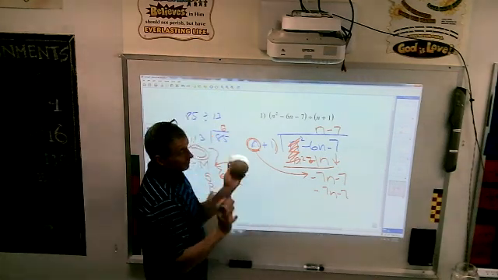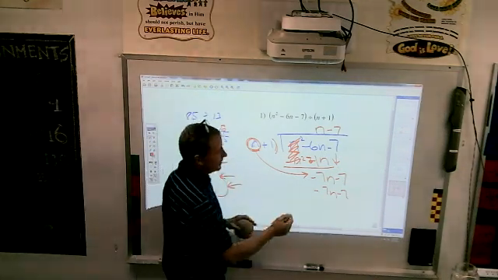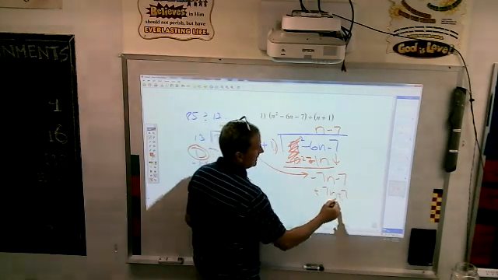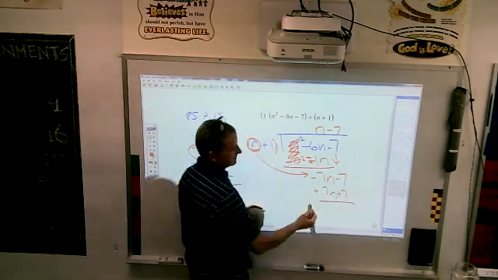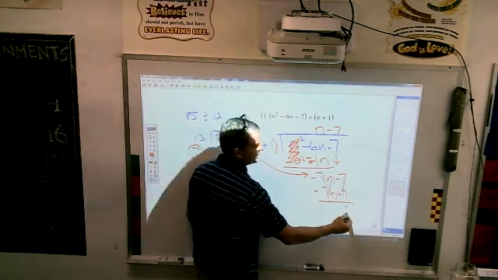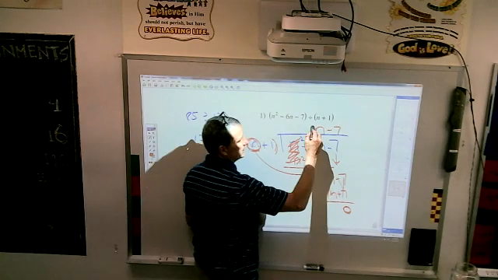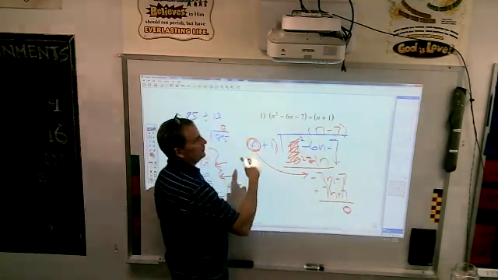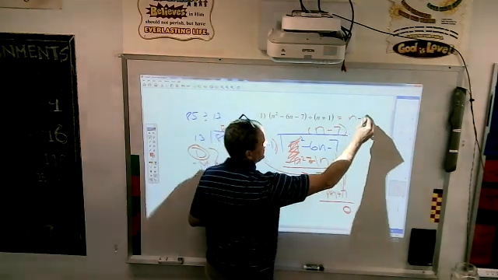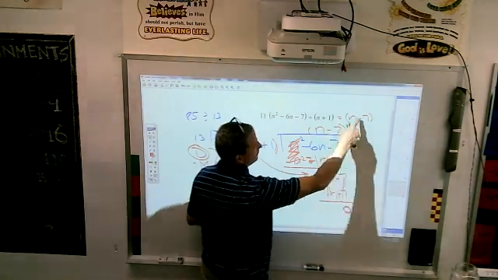Again, people go wrong because they don't do this. When you subtract, you technically change them to their opposites and combine, and this goes away, this goes away. You get nothing left. So you end up with n minus 7, which if you multiply those two together, you would get the original.